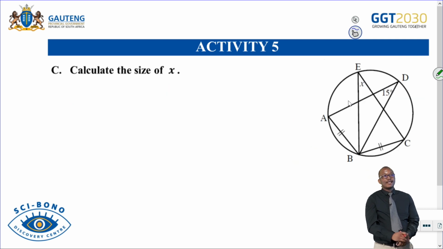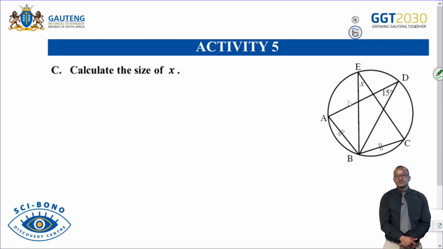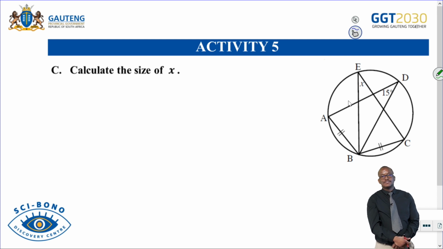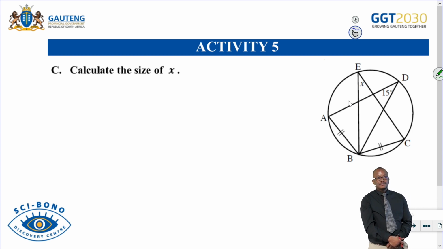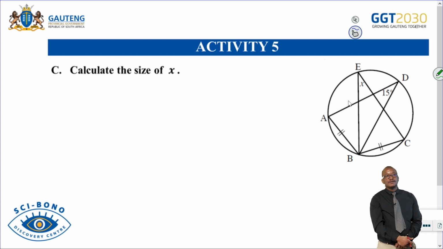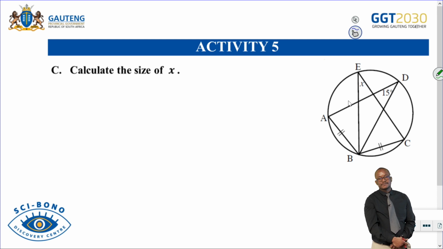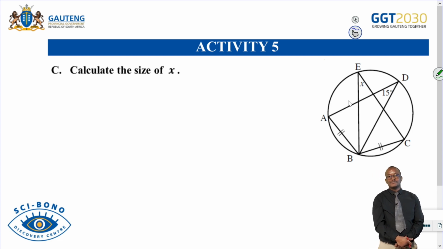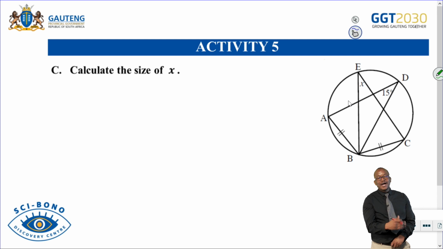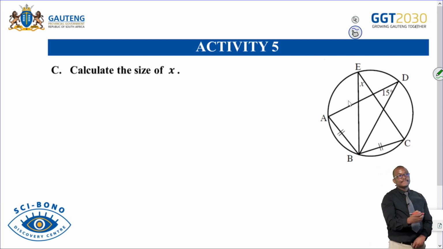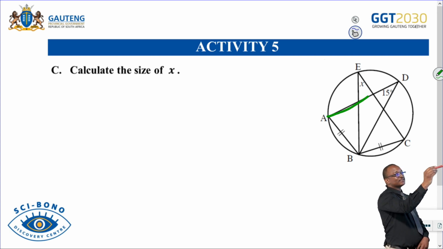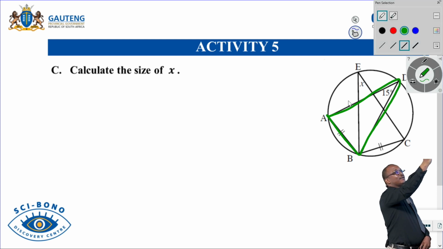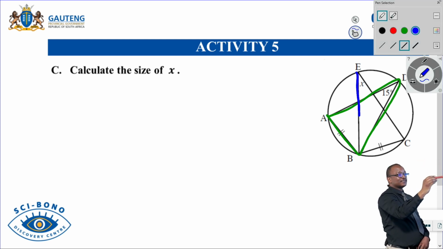Okay? Now, let's look into activity 5. Activity 5, you are still in C. There we say calculate the size of x. Then how are we going to calculate the size of x? Remember, we have two triangles there, and the other part of the triangle is that one.